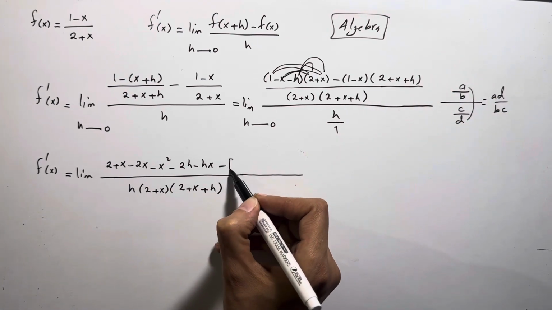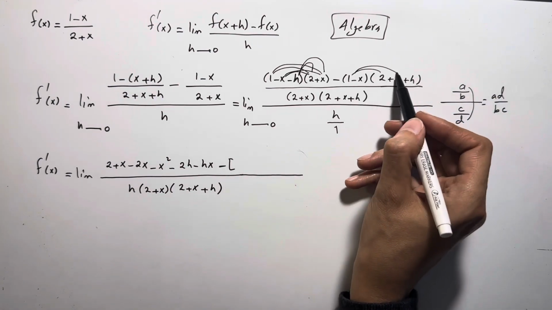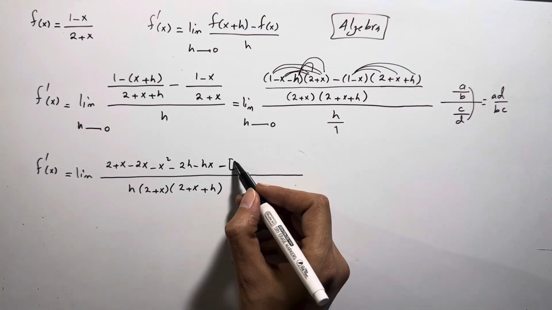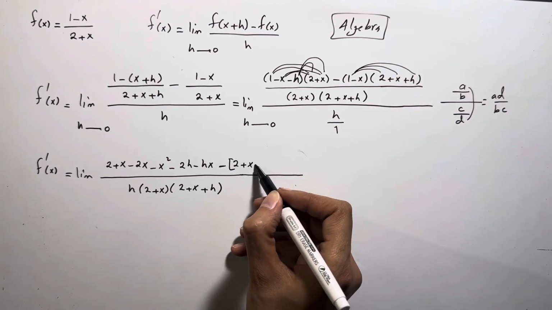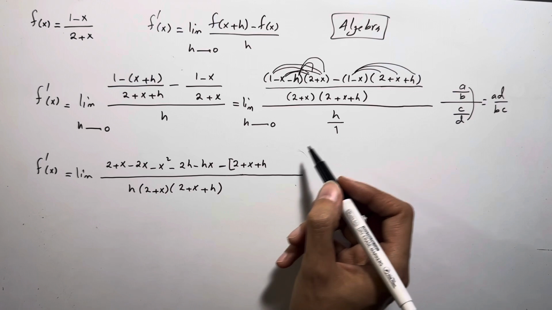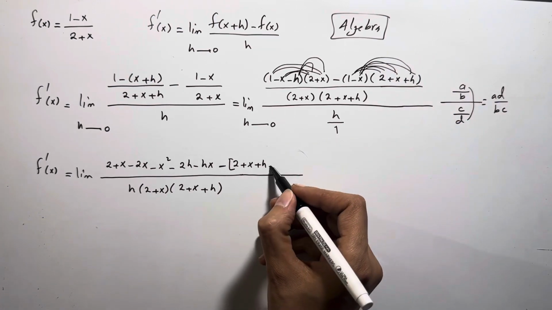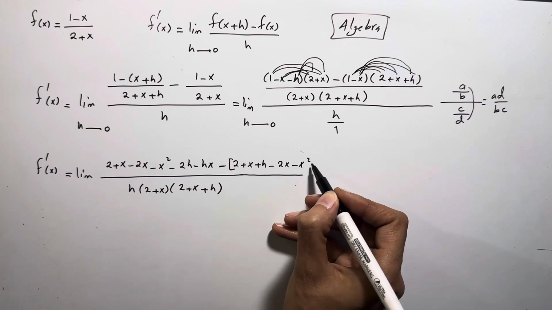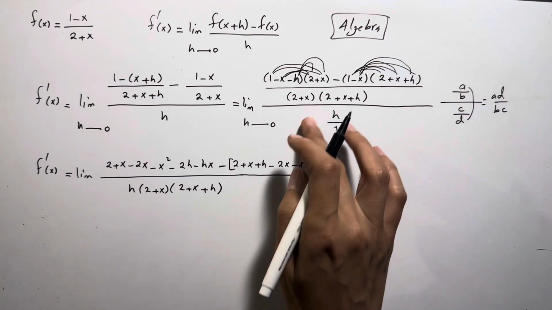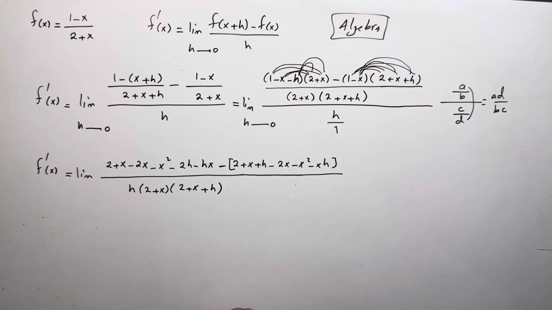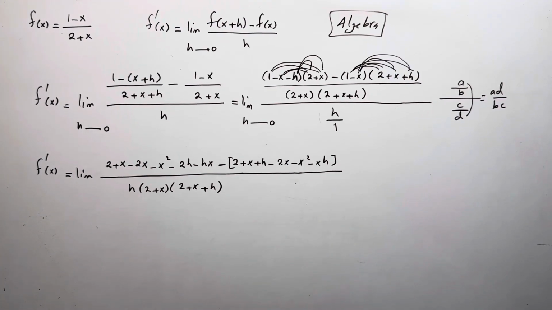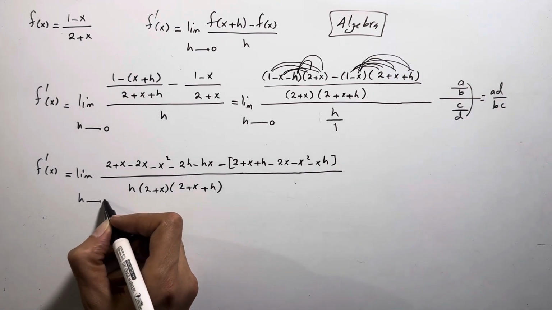You have a minus sign and do the same thing here. You have 2 plus x plus h, and now multiply negative x here: minus 2x minus x squared minus xh. Very good. Now we need to simplify this more as well, and remember h goes to 0.